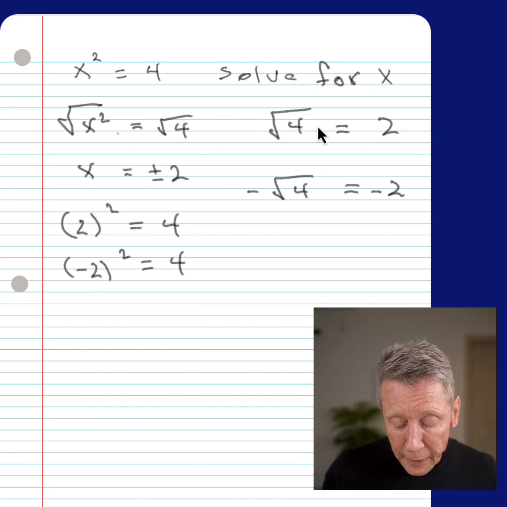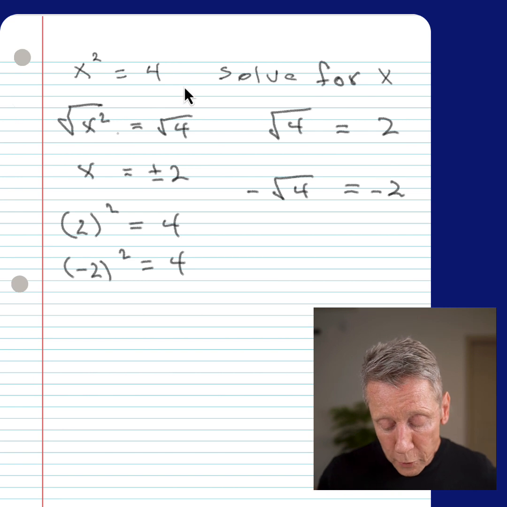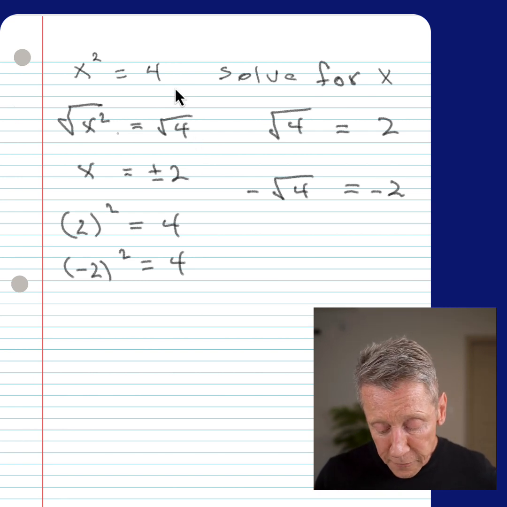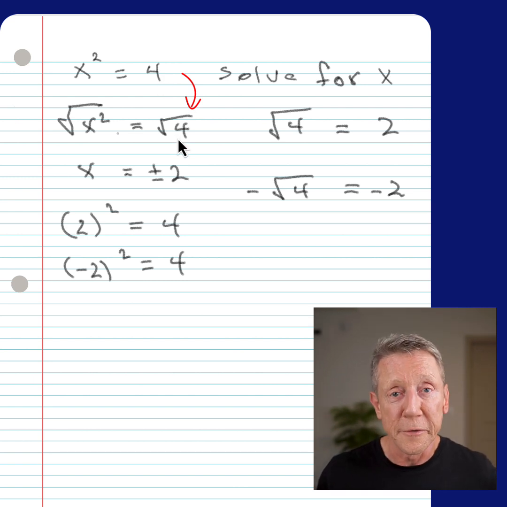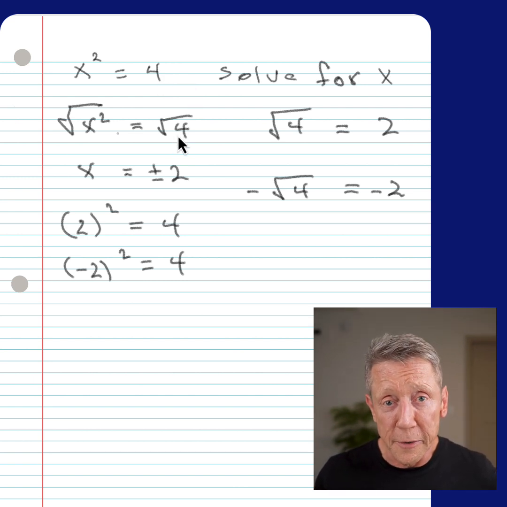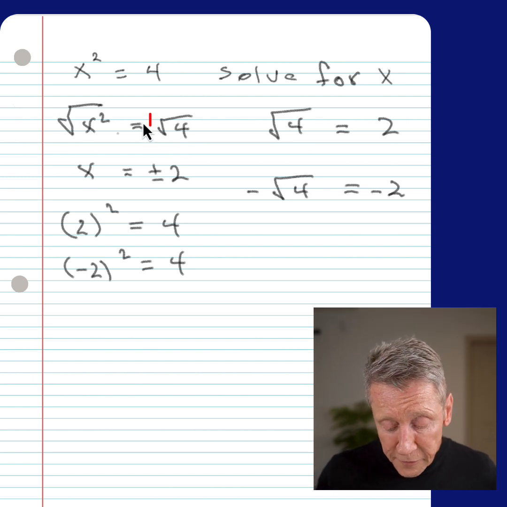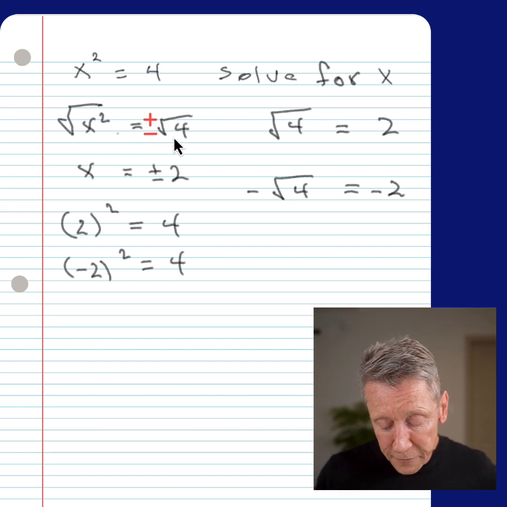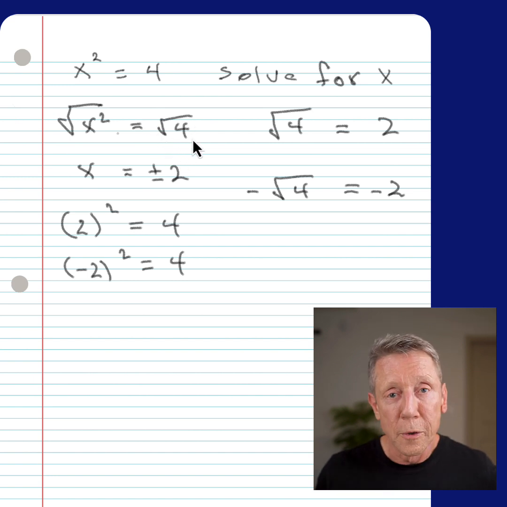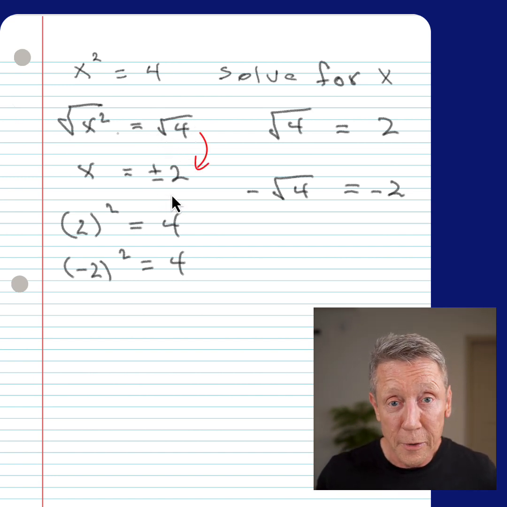All right, so let's see how that factors into what went wrong here. The first thing is, in my first step, I said that there's only one answer. I just put positive root 4. It should be plus or minus, but I just put positive, so I should have a plus or minus here. So that's my first problem. The second thing is I'm saying the root 4 is plus or minus 2, and it's not.